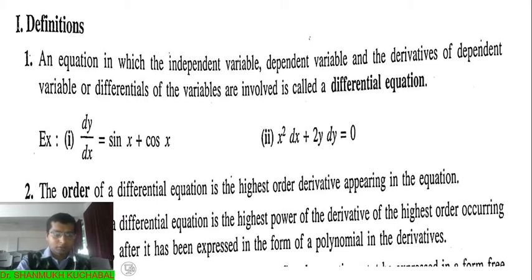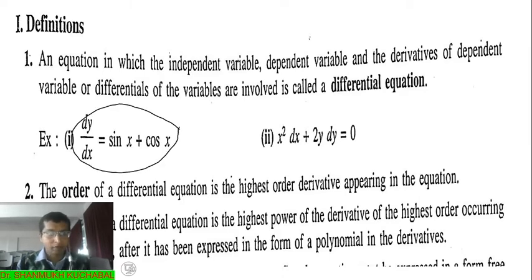So first, we have the definition of a differential equation. A differential equation is defined as an equation in which the independent variable, dependent variable and the derivative of the dependent variable appear. You can see here that we have dy by dx equal to sin x plus cos x.